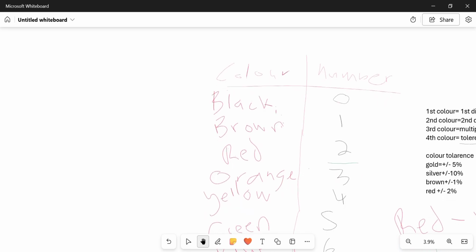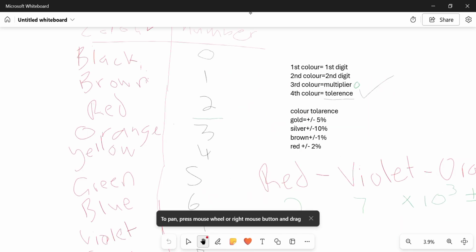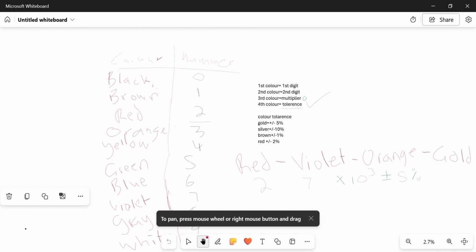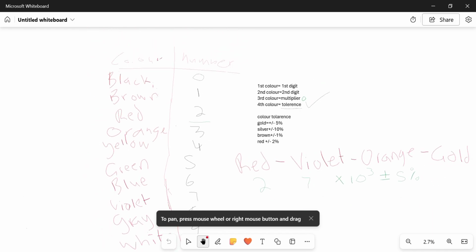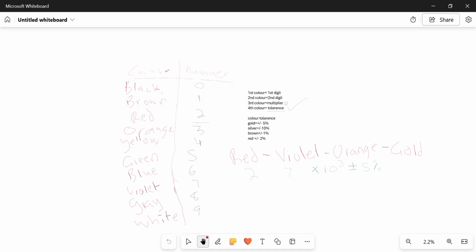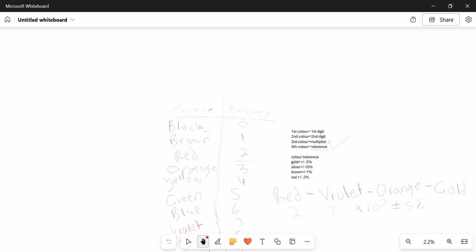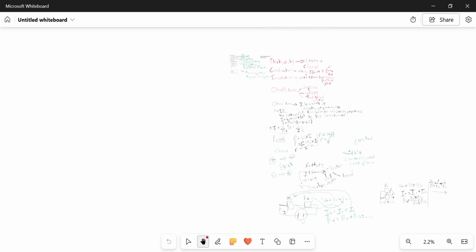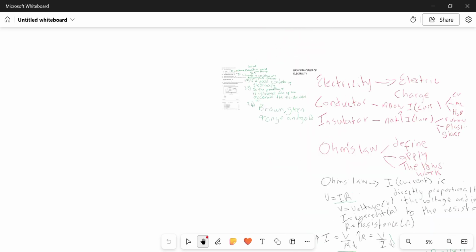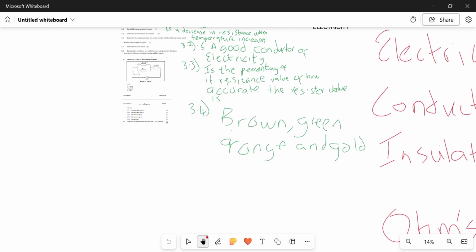So here on our color bands table, guys, please copy this table so that we can work the calculations out properly. Okay, now let's go to our calculations here.